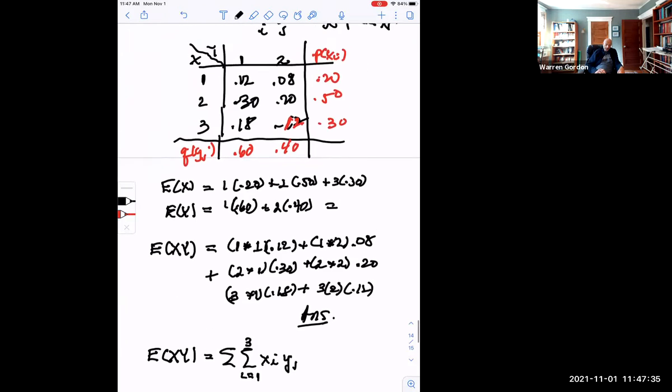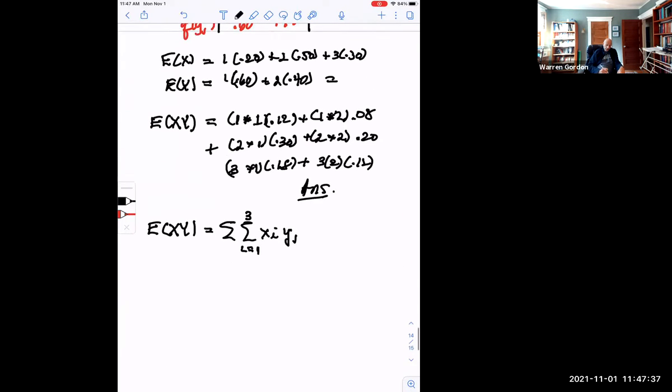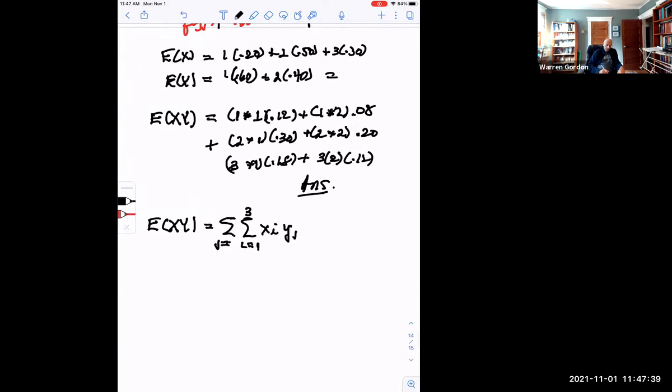And y takes on the values 1 and 2. Multiplied by, this is a long way. So first let i be 1. So we get x1, yj, p of x1, yj.